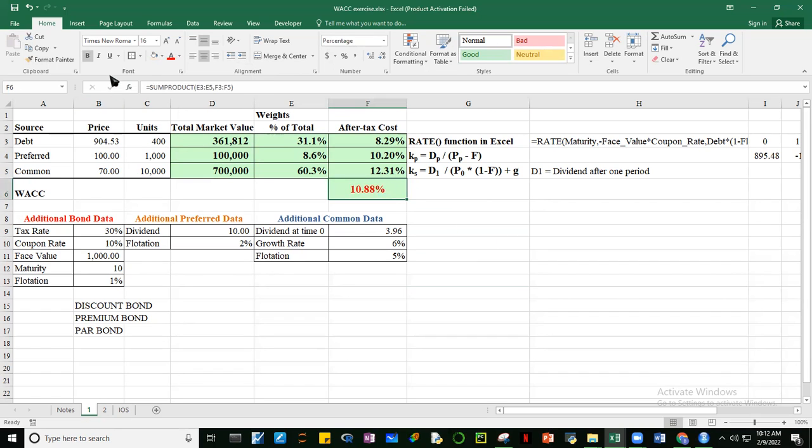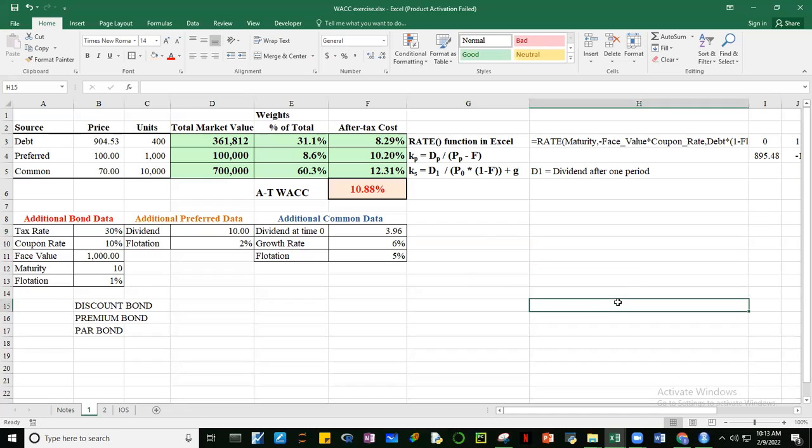Okay, so ito guys yung natin. This is our weighted average cost of capital. After tax, weighted average cost of capital. So our after tax weighted cost of capital is 10.88%.